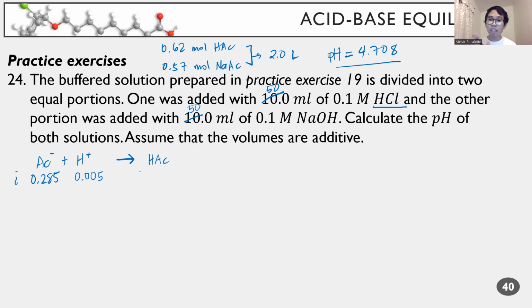We only have the 1 liter portion. 0.31 moles. Now, after the reaction, the final amount of moles are equal to, lahat ng H+ will be consumed. Okay? Kasi kaya siyang ubusin ng lahat ng acetate.